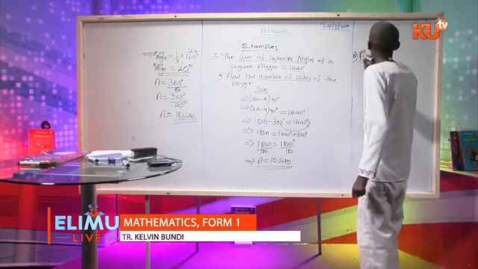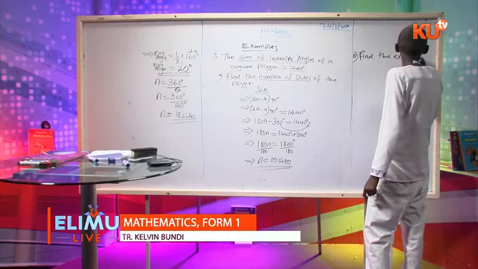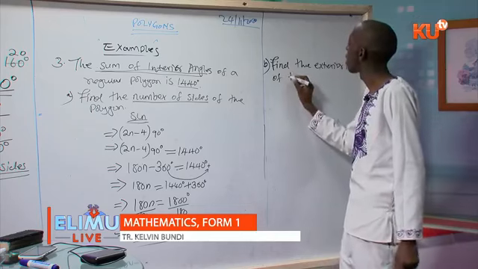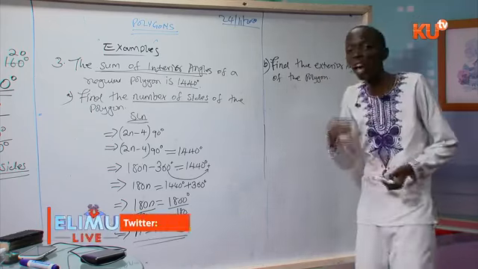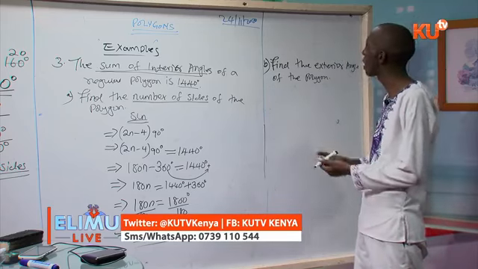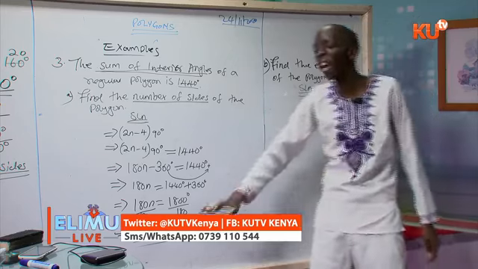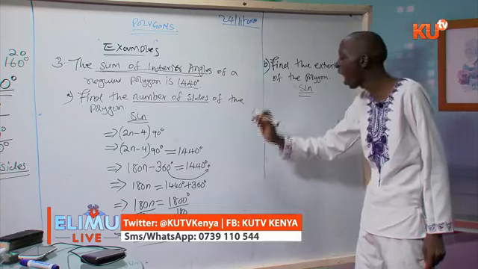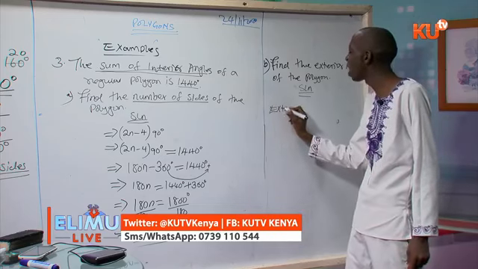Find the exterior angle of the polygon. So, as we began the lesson, we said that given n, you can get the exterior angle.